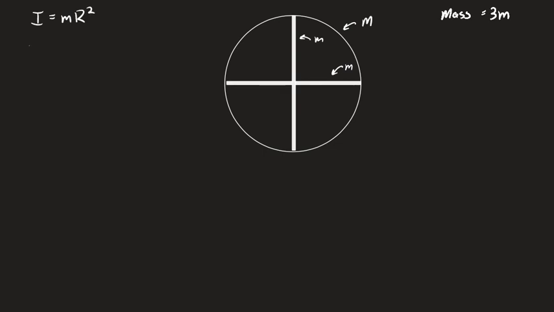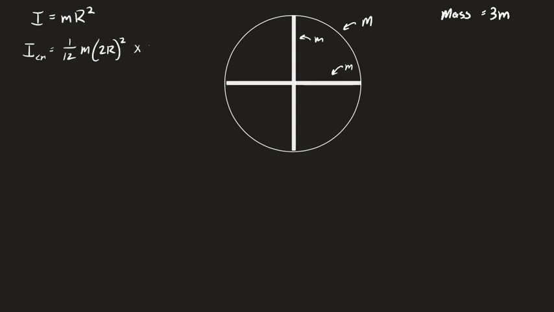The other two are both bars spun around their center of mass, which is 1/12 ml squared. So 1/12 m 2r squared. Right? The bars were length 2r, which makes 4r squared, or 1/3 mr squared.